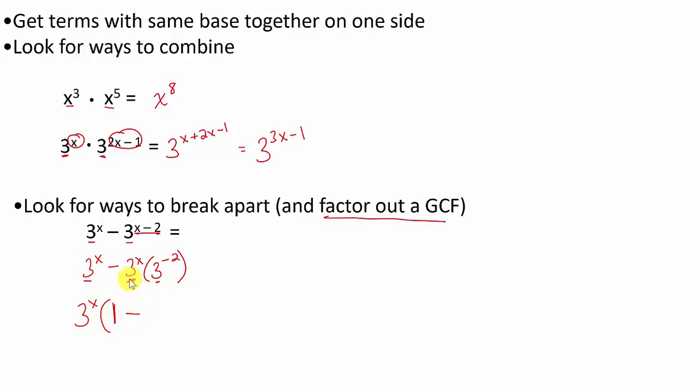What I had left from the other term was 3 to the power of negative 2. This doesn't have a variable involved, so I can just simplify it. I would leave my 3 to the power of x, and inside that, I would have 1 minus 1/9, which is 8/9. And so that's a way to simplify. You need to be familiar with both of these.